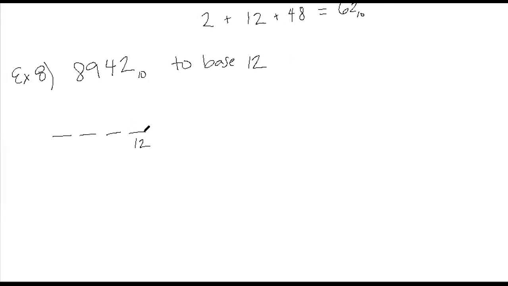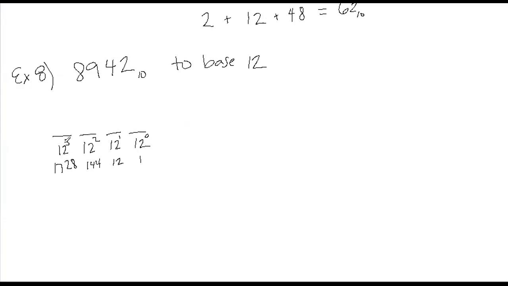Okay, so 12 to the 0 power, 12 to the first power, 12 to the second power, 12 to the third power. And remember, 12 to the third power was 1728, 12 squared is 144, 12, and 1.